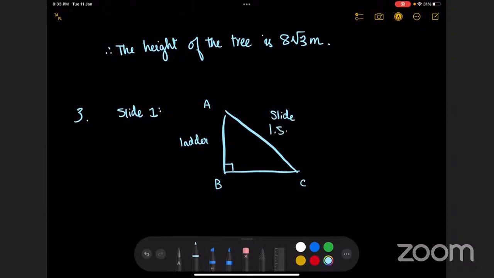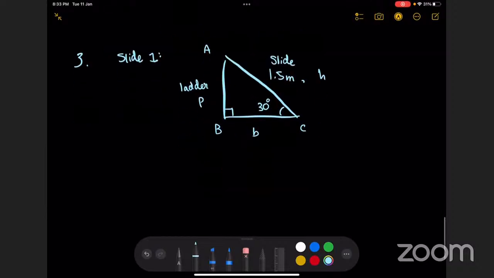This is also the hypotenuse. It's inclined at an angle of 30 degrees to the ground, so this is 30 degrees. Therefore, this is the perpendicular and this is the base. This is all that we have for slide 1.